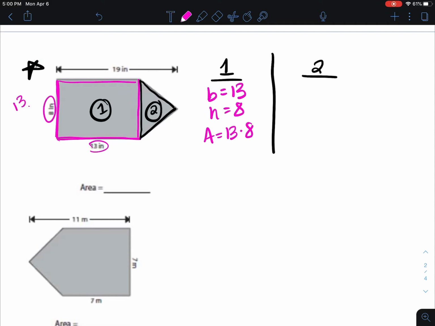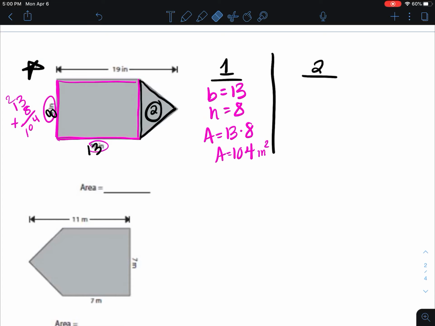I don't know what that is off the top of my head, so I'm going to go ahead and do it real quick. 104, so area of that one is 104 inches squared. That looks a little bit blurry, but this right here is a 13 and this is an 8.